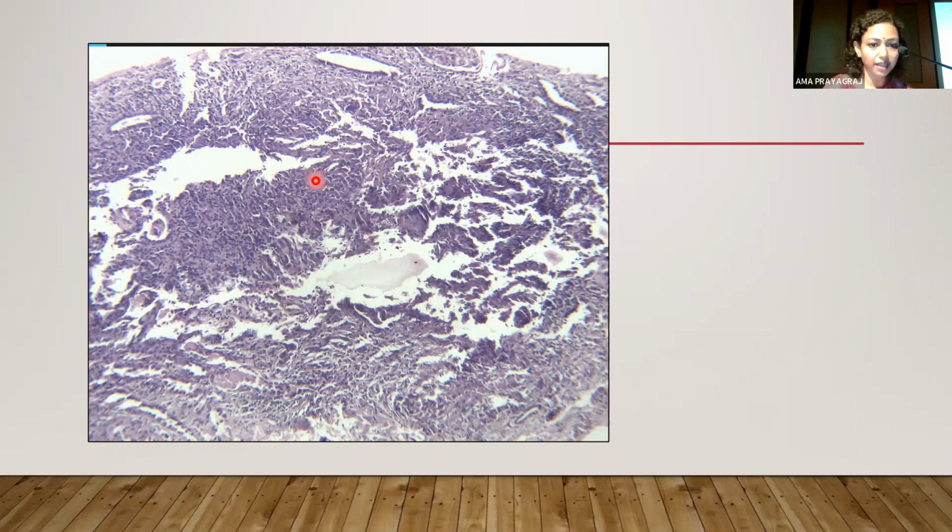The other thing was, on following the serial sections, we could appreciate this fragmentation. First, I thought it was because it was not cut properly, but later on, seeing all the serial sections, it was seen that this area specifically was very much fragmented, not coming in toto. There was a lot of fragmentation.